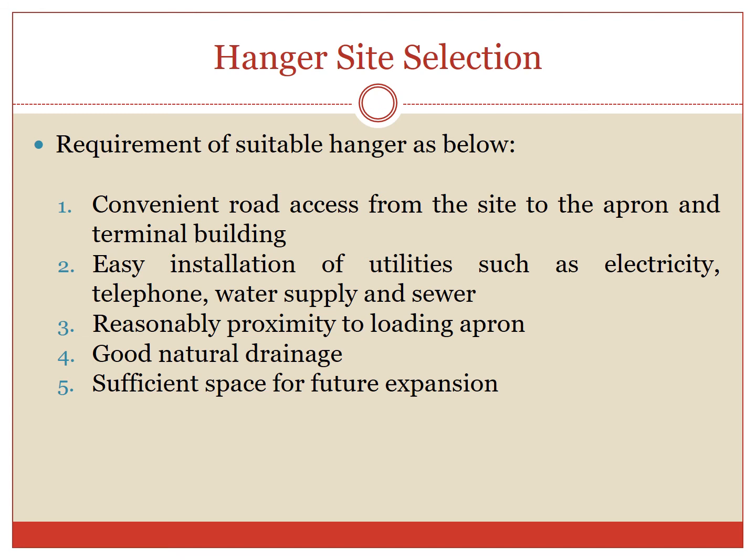It should be linked with essential facilities such as electricity, water supply, telephone, etc. It should have a reasonable, favorable topography providing good natural drainage. It should have a sufficient area to provide car parking facilities for working personnel. It should have adequate site area for future expansion of hangar facilities. And lastly, the site should not be along the direction of frequent windstorms.